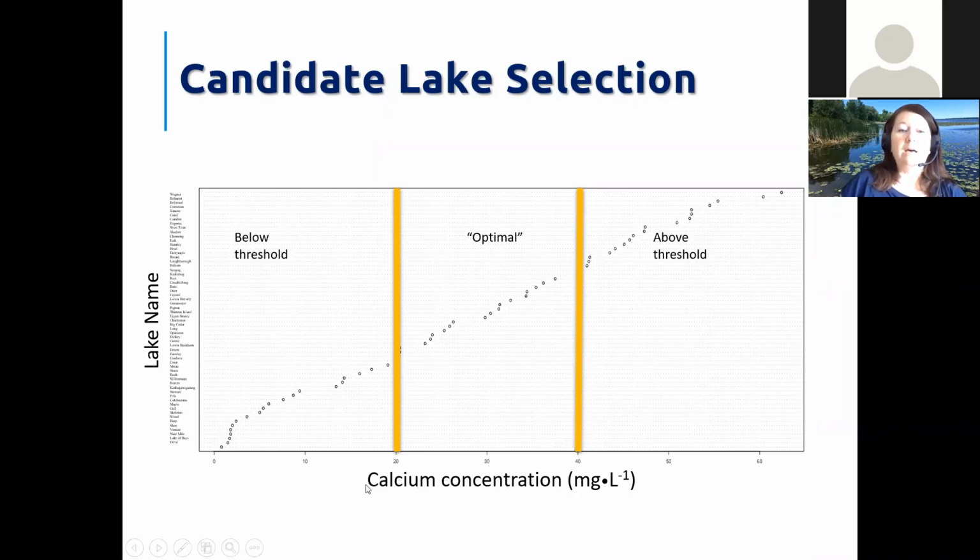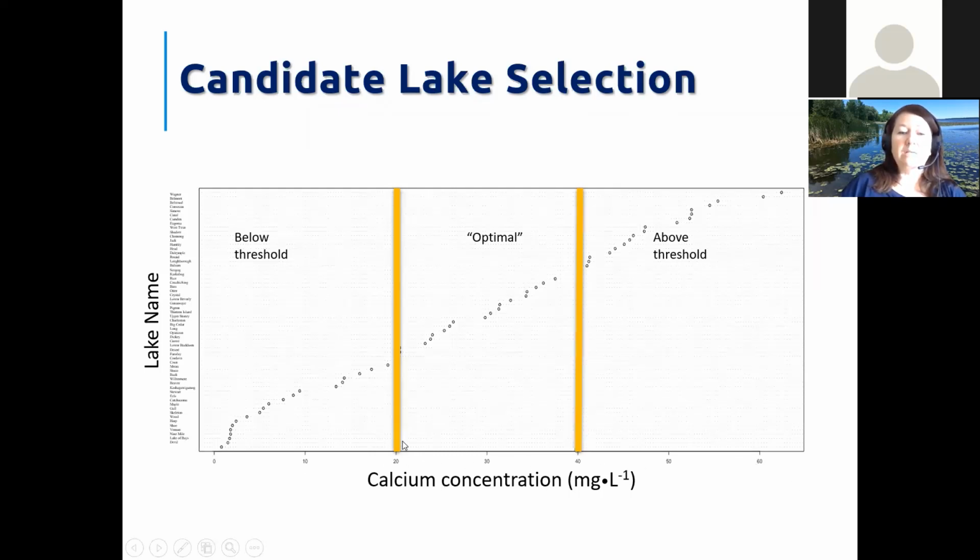With help from, I don't know if Bree Edwards is on the line, she shared some calcium data that she had for her study lakes from her PhD. We collated data from Kawartha Conservation and the Ministry of the Environment, Conservation and Parks, and we were able to capture a really broad range of 60 lakes.